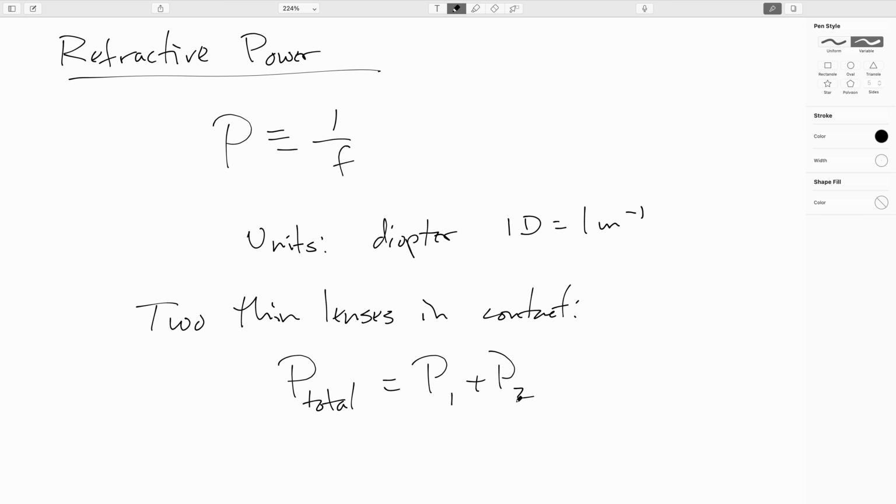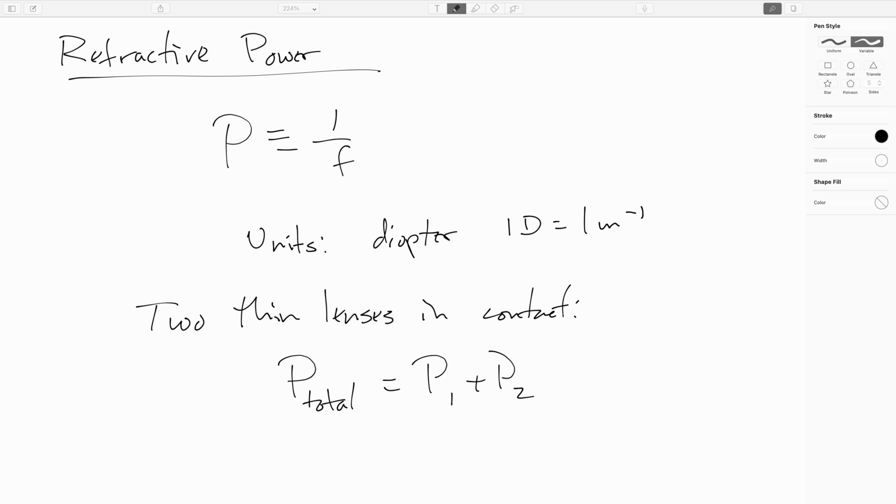This will allow us, when we get to talking about prescribing contact lenses for a patient, to calculate where we need to park the virtual image produced by the lens, so that it'll be where the patient needs it to be. So that's a very handy relationship.